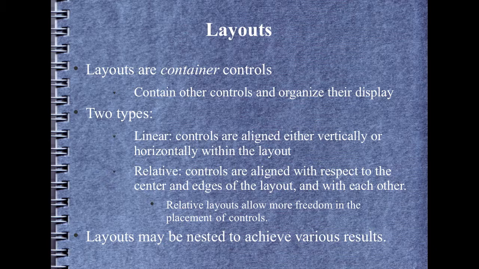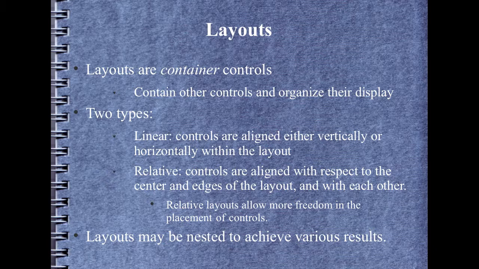There are two basic types that we're dealing with nowadays. As I already said, absolute layouts have been deprecated, so we're really not going to deal with them. There are linear layouts in which controls are aligned either vertically or horizontally within the layout. If you've ever played with struts and springs, this works kind of in that way, as we'll see here in just a moment.